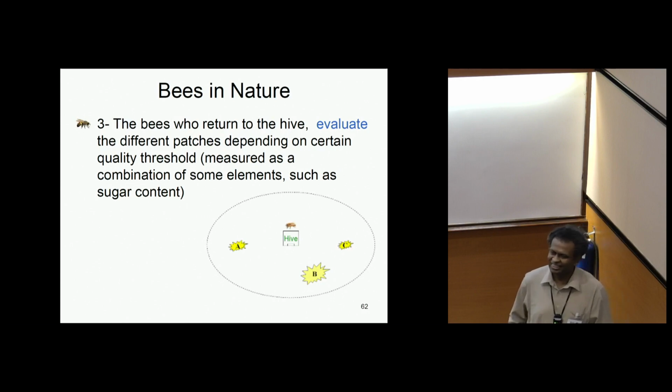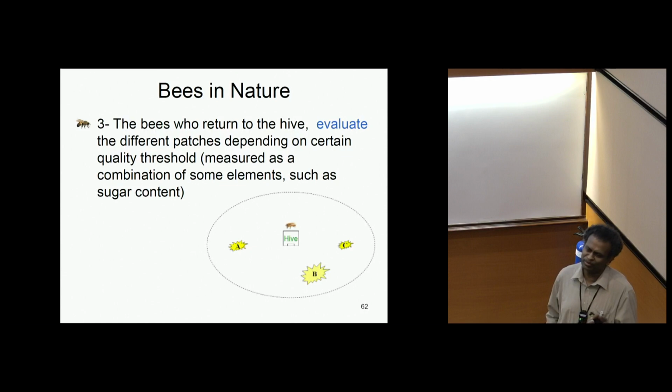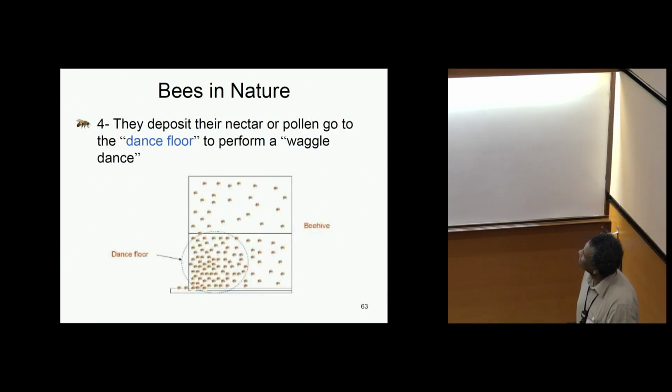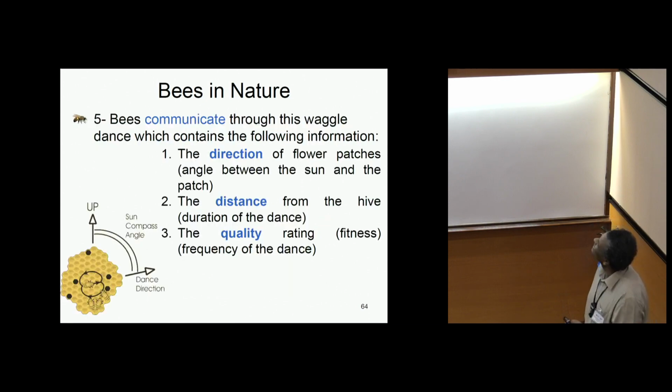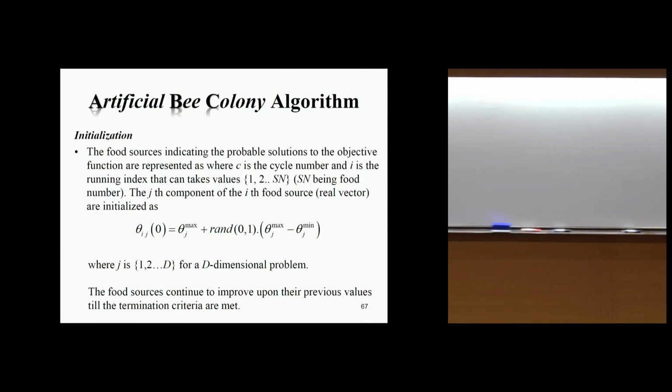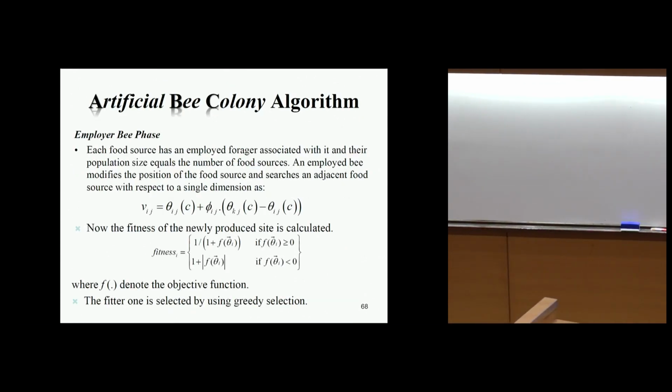It's all coming from the bee terminologies. You have dance floor, beehives. Then when the equation comes, it's again PSO, differential evolution, not so much difference. The storylines are different.